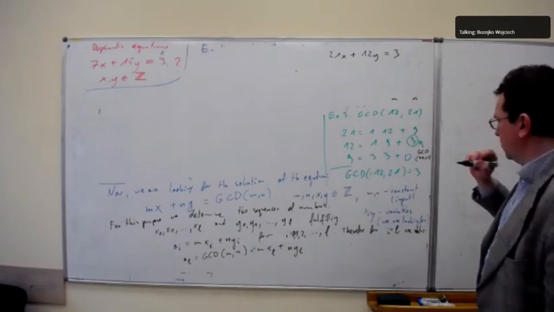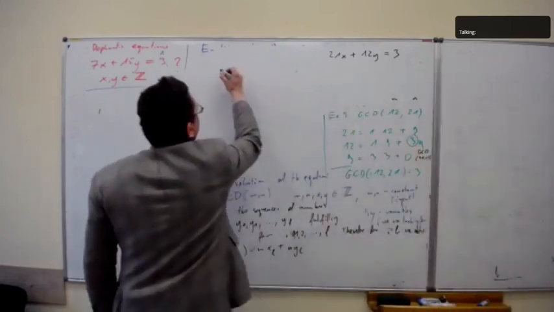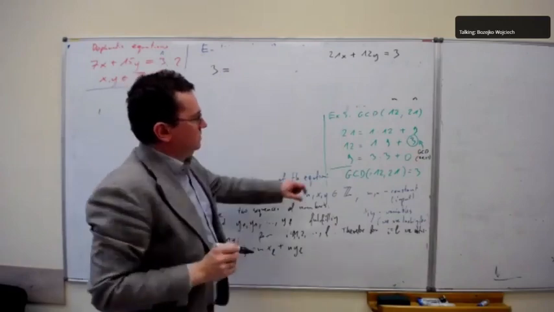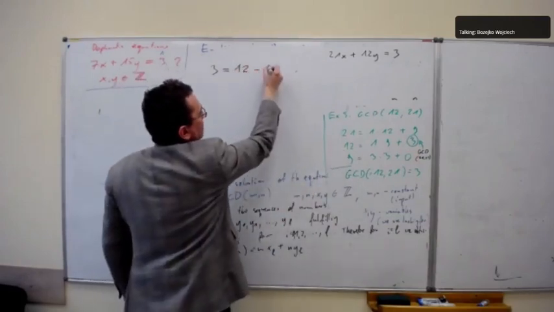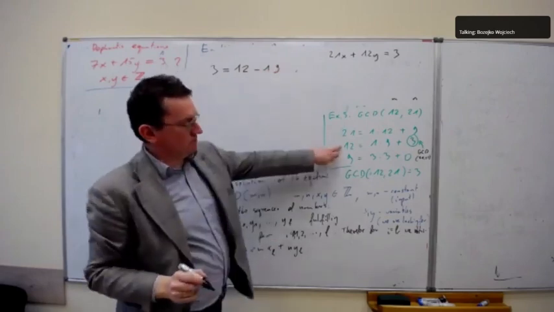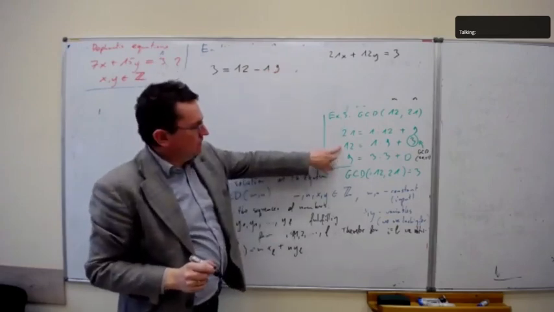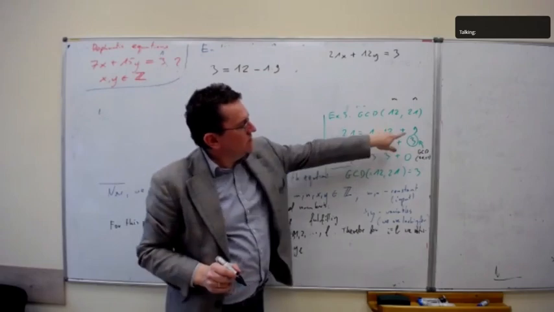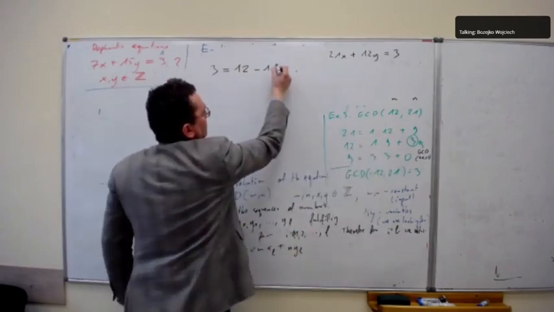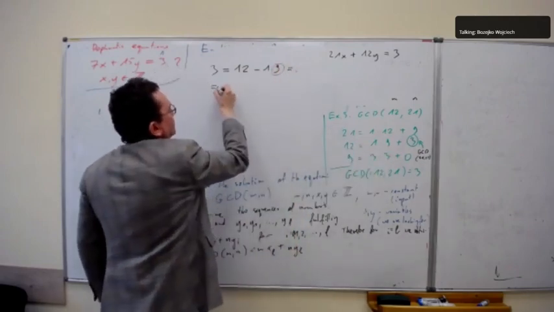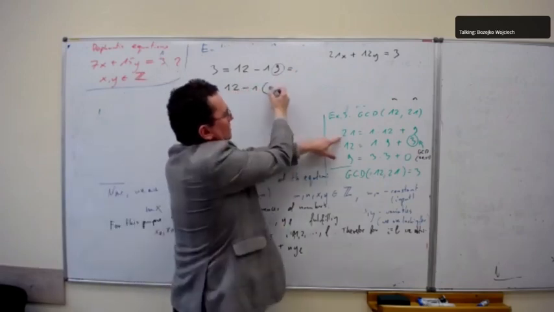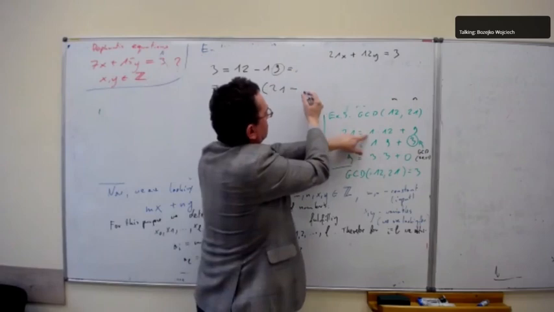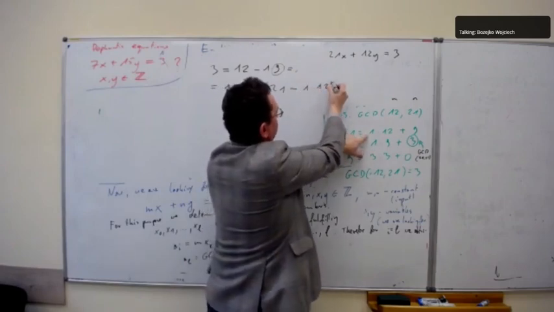Firstly, we write this 3 as 12 minus 1 times 9. Now we can write 9 as 21 minus 12.